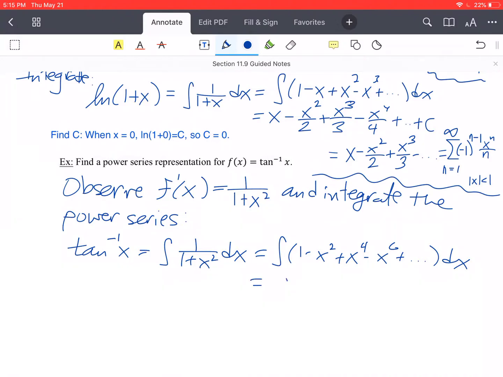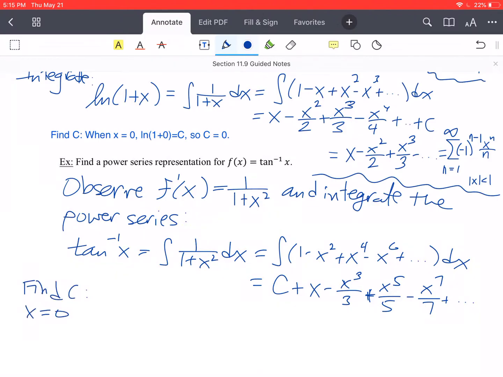So that's going to be c, arbitrary constant, plus x minus x cubed over 3 plus x to the fifth over 5 minus x to the seventh over 7 plus etc. So it looks like we're getting all of the odd powers on x, divided by that same number. We can find c really quickly.